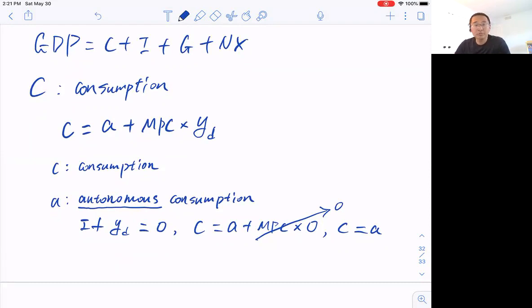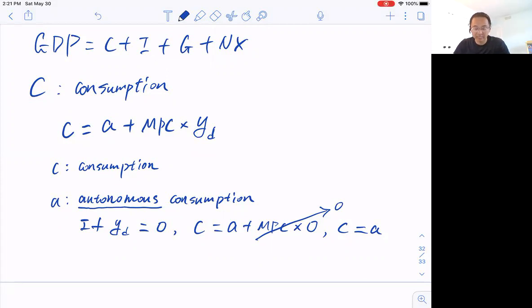So you spend money even when your income is 0. That money you spend when you have no income is what we call autonomous consumption. This is consumption that happens even without any income, spending on necessities to sustain life. The technical term in economics is autonomous consumption.